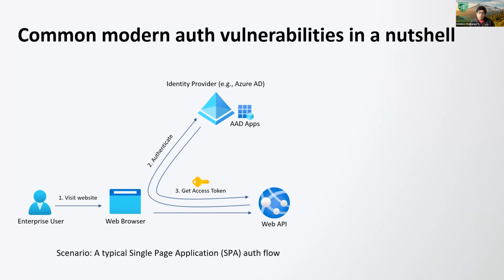Before I explain the vulnerabilities, one thing I would like to call out. In this whole talk, I'm going to use Azure AD as the identity provider and ASP.NET as the web application. Of course, there are different identity providers and relying parties out there, and it's not possible to cover different tech stacks, so I thought I'll take the stack that I'm more familiar with.